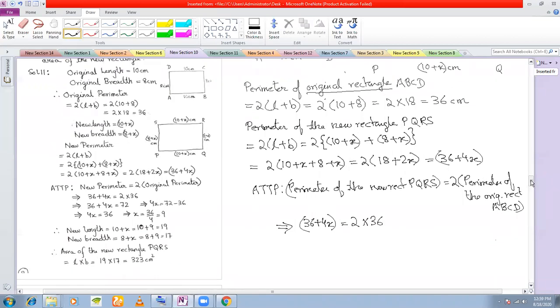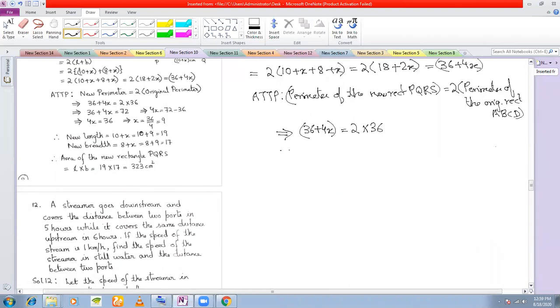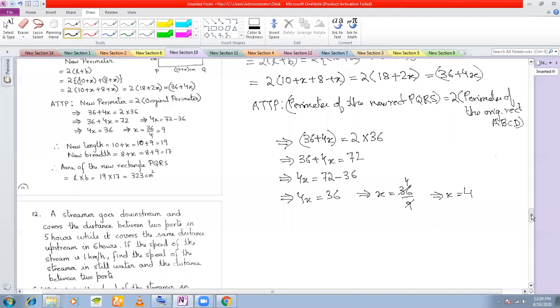So we now have formed the equation and we'll solve it. 36 plus 4x is equal to 72. 4x is 72 minus 36. 4x is 36. Means x is 36 by 4. That means x is 9. Okay, so we have found x.